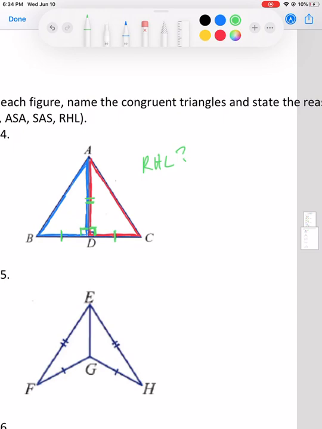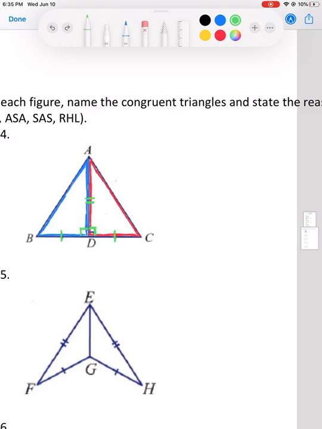Well, in right hypotenuse leg, we need a right angle. That's check. The H is for hypotenuse. And it looks like the hypotenuses of this triangle are AB and AC. So we do not have anything with which to show that those two are the same. Therefore, right hypotenuse leg cannot work. So to back up here, right hypotenuse leg can't work.